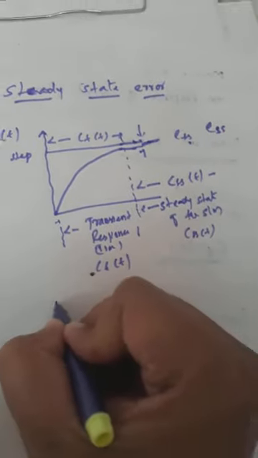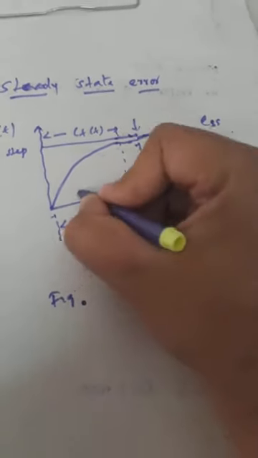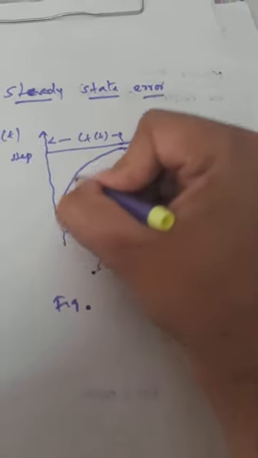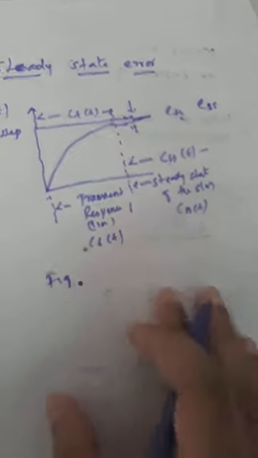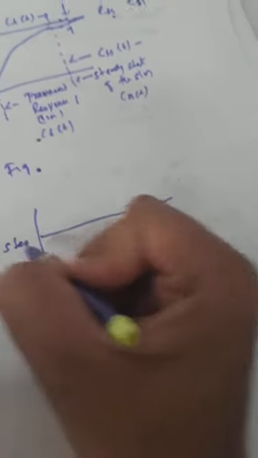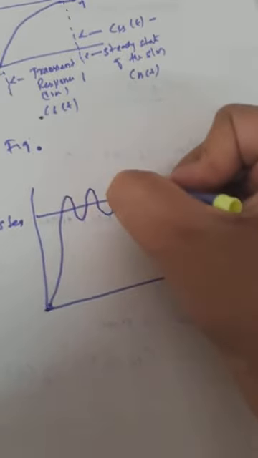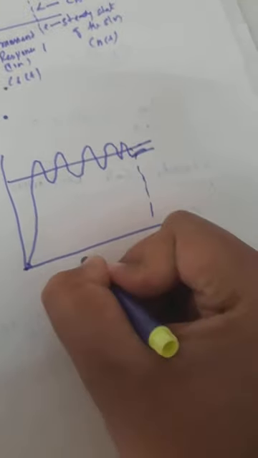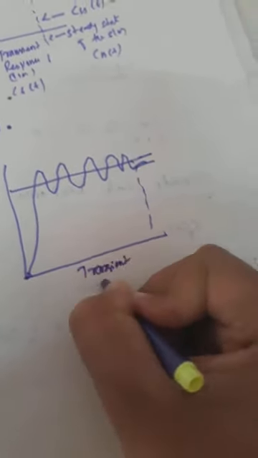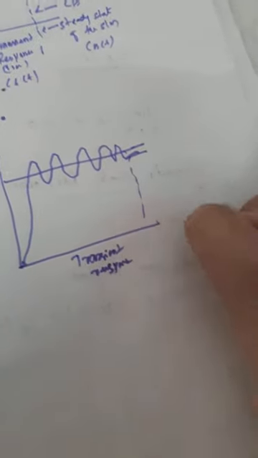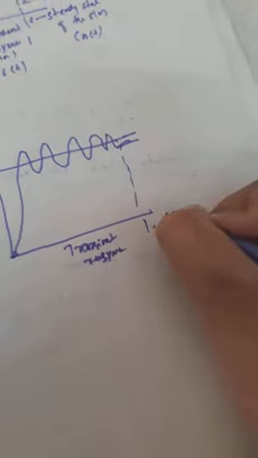This is the case if the transient response is exponential. If the transient response is oscillatory, again consider a step input. This is the actual output we need. Let us consider the transient response to be oscillatory. Up to this point it is the transient response, and after this again it is the steady state.